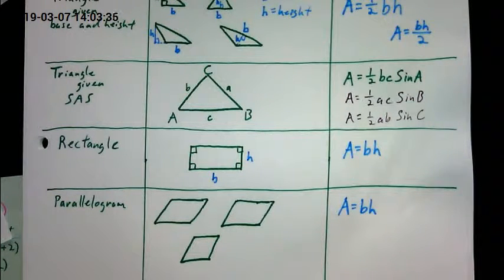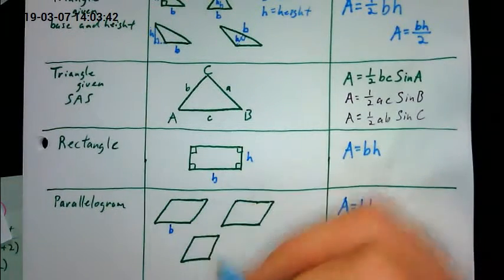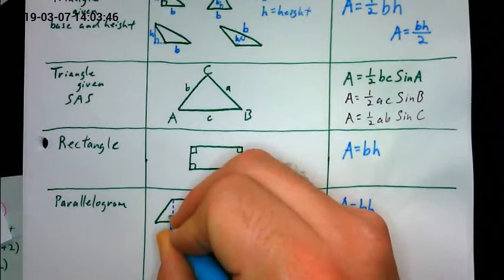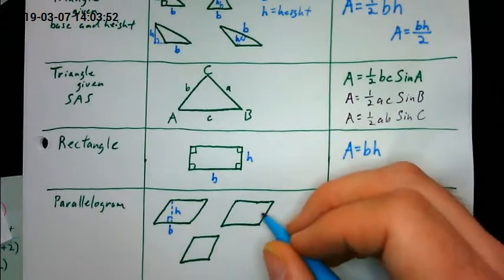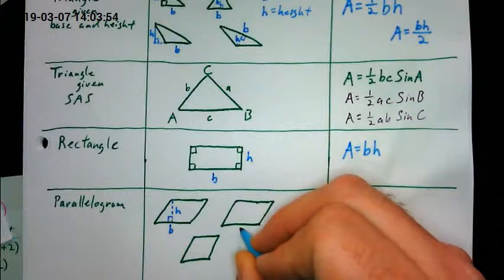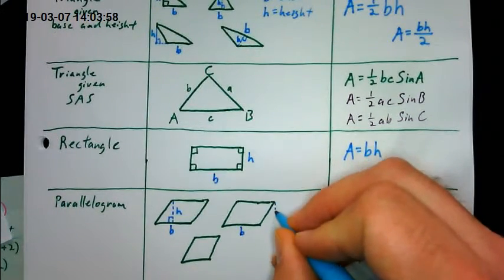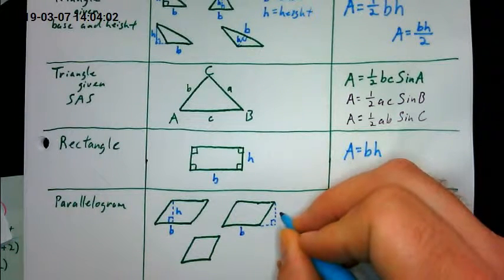So you can't use two sides as the base and the height if it's not a rectangle. So on here, if the bottom is the base, then the height is the perpendicular distance to the other side. Instead of writing it inside, sometimes they'll give you the height on the outside.